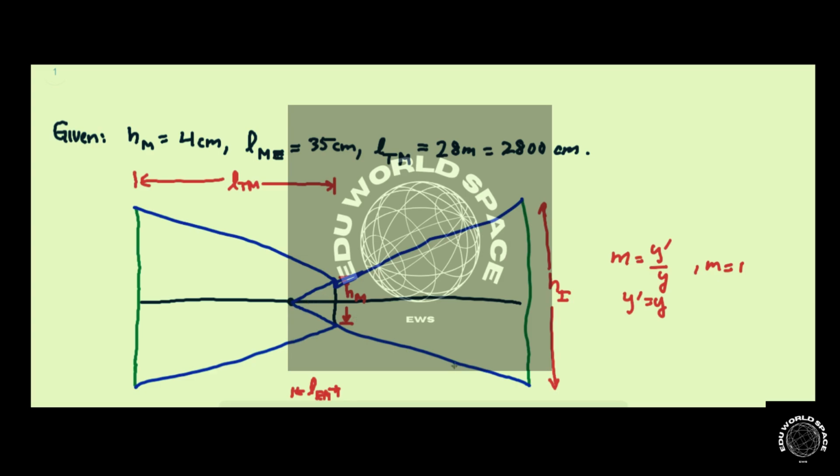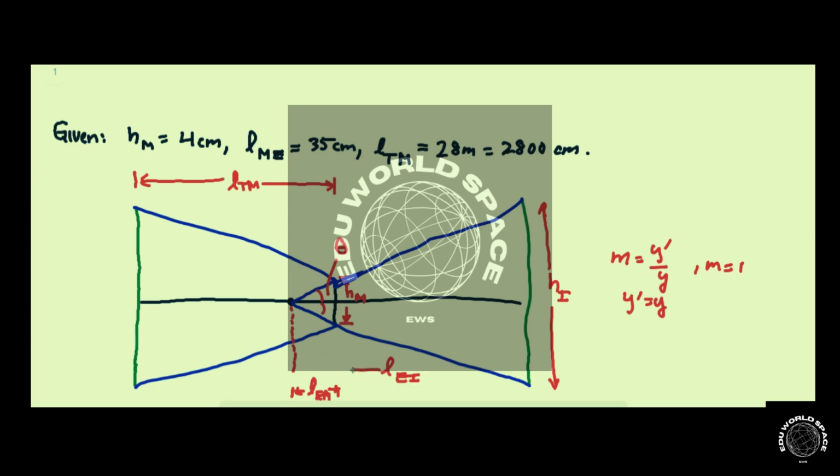So in order to find this, let's label in some angles. Let's just call this angle theta. So these two angles are the same. So we'll call this theta. And let me define another length, namely this length here. So this is the length from the eye to the image.